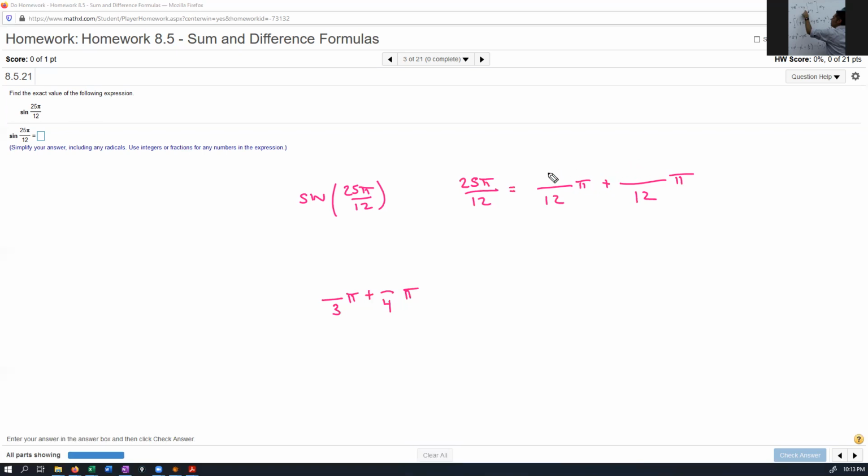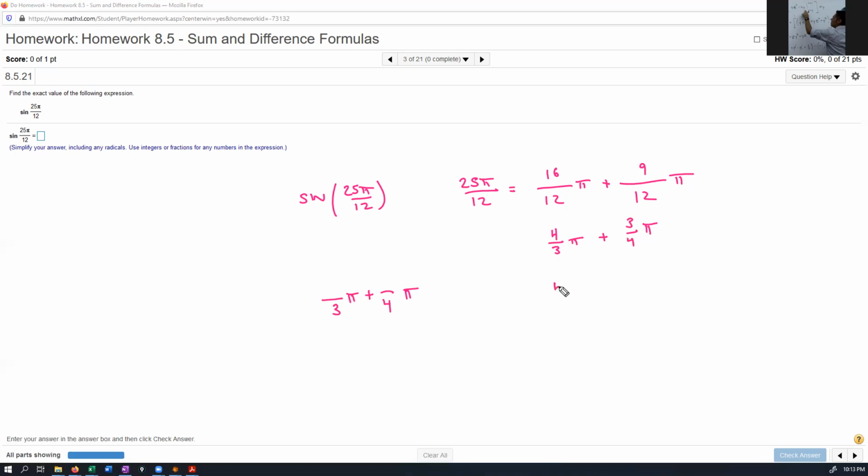So how about 16 here, and then that would be 9. Those reduce, since 4 goes into both. So we get 4 pi over 3, and over here, if we reduce, we get 3 pi over 4.